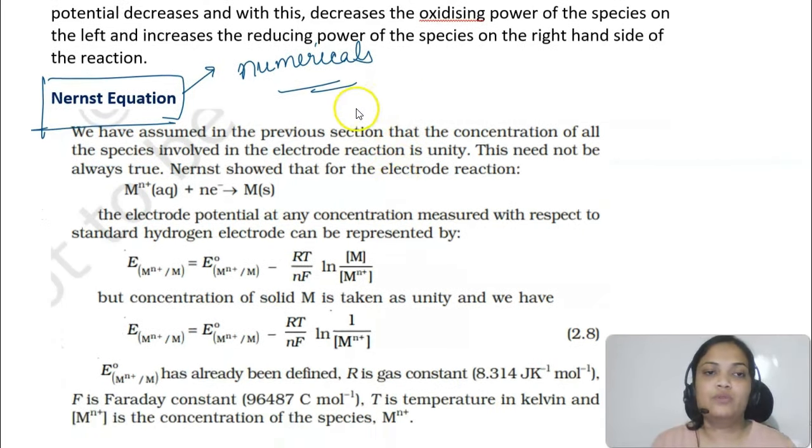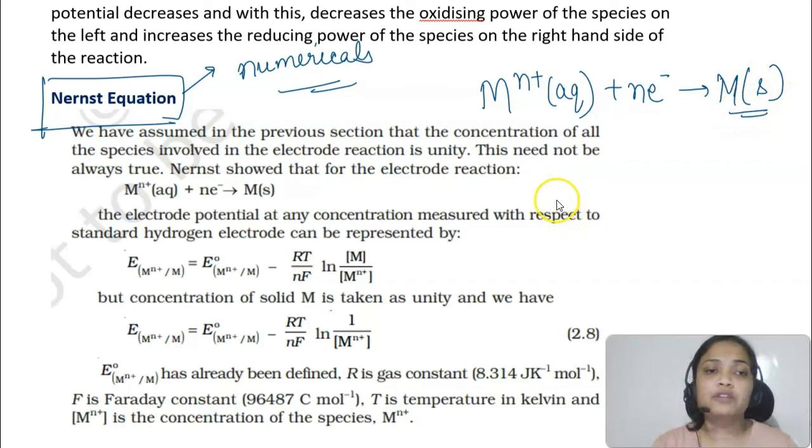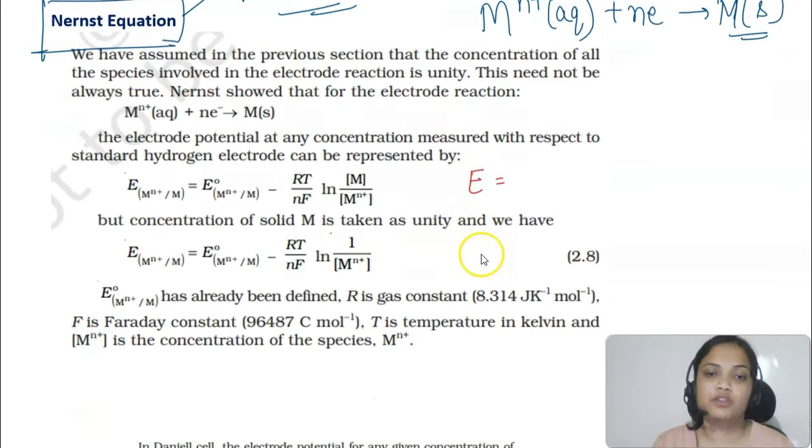Okay. So students, now here I have taken another electrode reaction. For any metal ion in aqueous state, it will gain electrons and convert to the metal. Now, according to Nernst, the electrode potential, now we are not talking about standard electrode potential, we are talking about E. If I am simply writing E, that is the electrode potential, because here the concentrations are not unity.